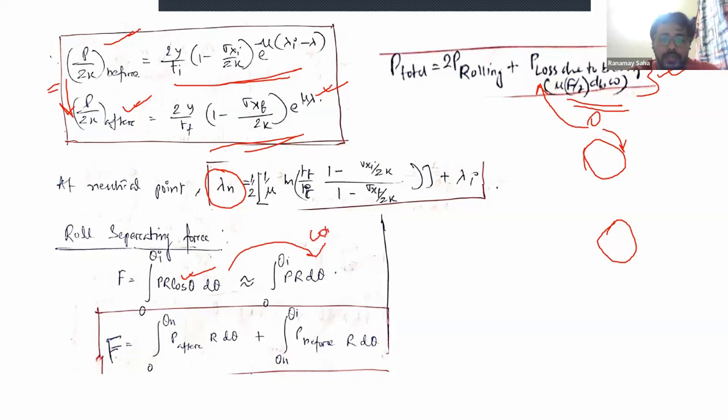When you consider theta small, cos theta becomes 1, and you come out to the force as P R d theta from 0 to theta i, okay, the initial point. And the total one, you can bifurcate into before and after terms, up to the neutral point and after the neutral point. So that is how the derivation is carried out.